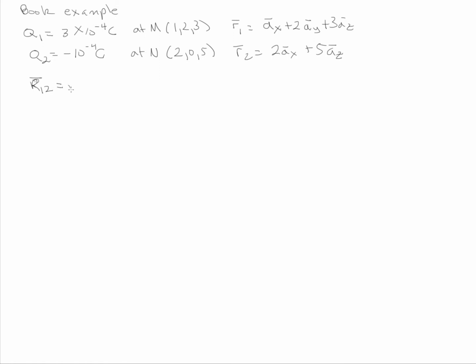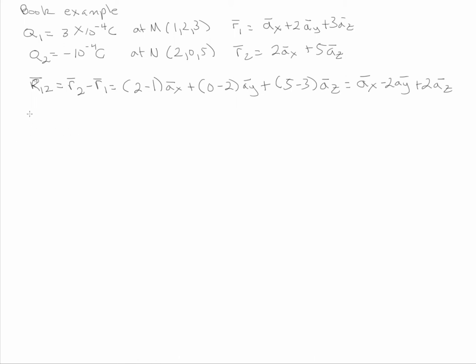R12 is equal to R2 minus R1. So that's going to be 2 minus 1 AX, plus the Y component of R2, 0 minus 2 AY, plus 5 minus 3 AZ, which is going to give you AX minus 2AY plus 2AZ. So that is the R12 vector.